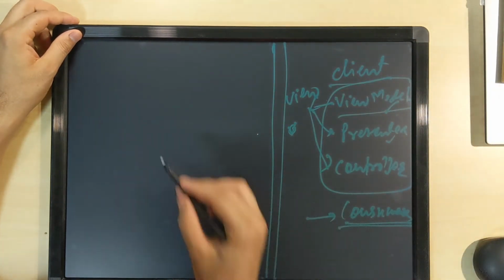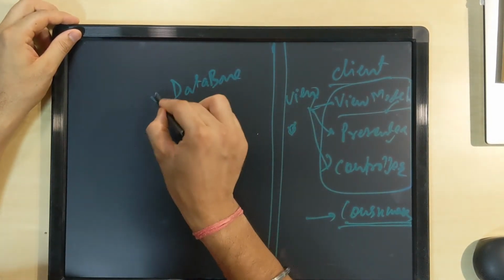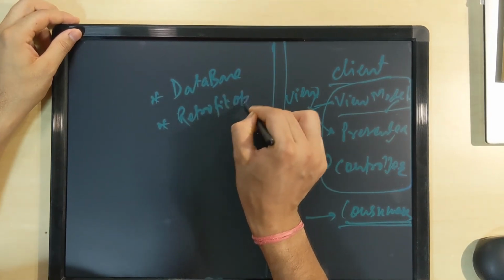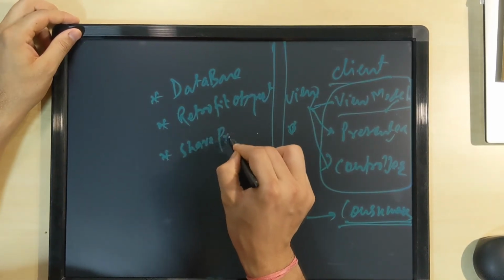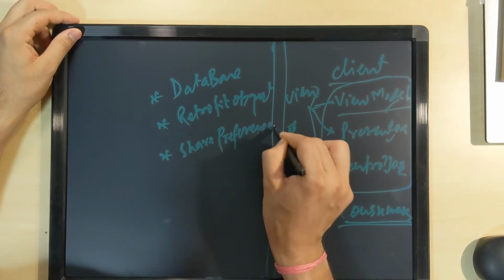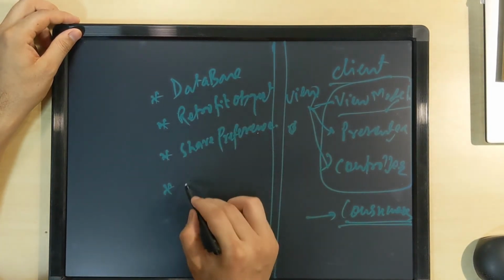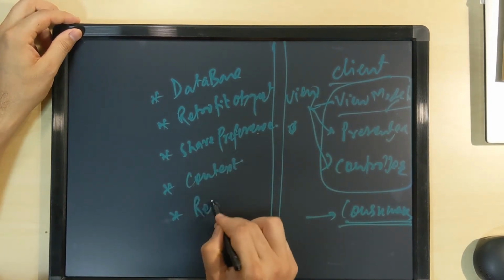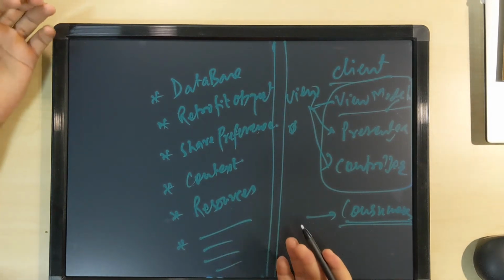Something like, just for example, first one a database object, second one a retrofit object, something like shared preferences, and a retrofit object, shared preferences, context, and resources, and many more, according to what application you are going to use.